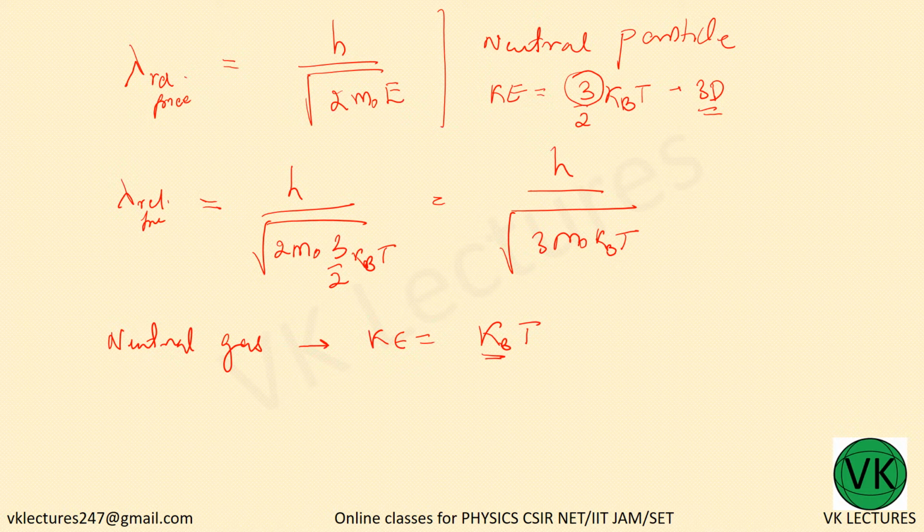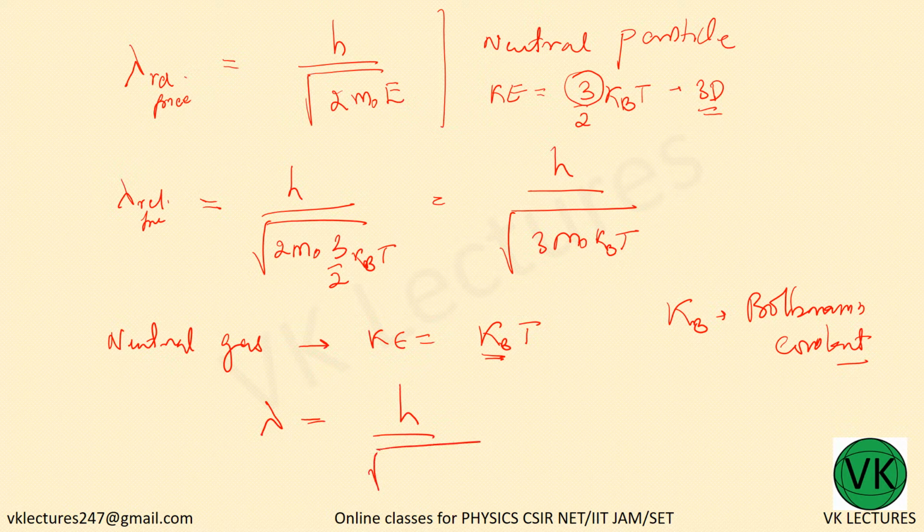Well, what is kB? kB is the Boltzmann constant. So for a neutral particle, lambda will be equal to h divided by under root 2 m naught kBT.